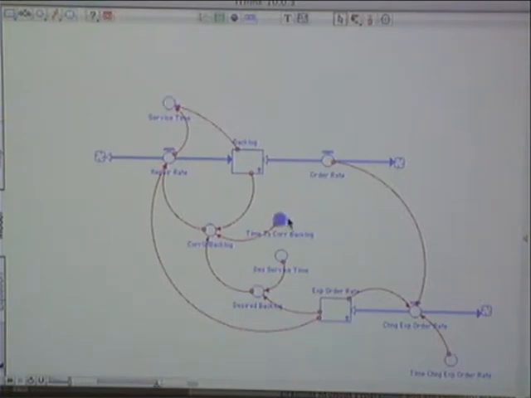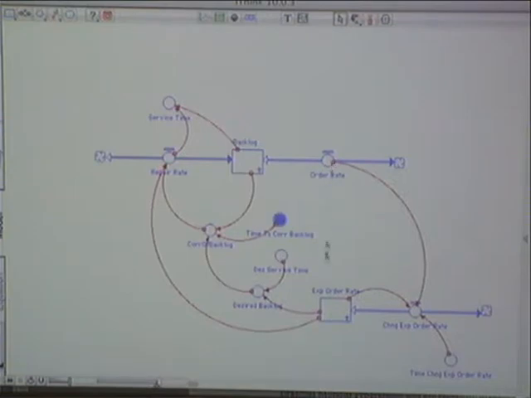Well, the thinking is very much the same as we had in connection with the expectation formation. In other words, I have a variable which I desire to reach. In this case, I said that the expected order rate should eventually become equal to the order rate.